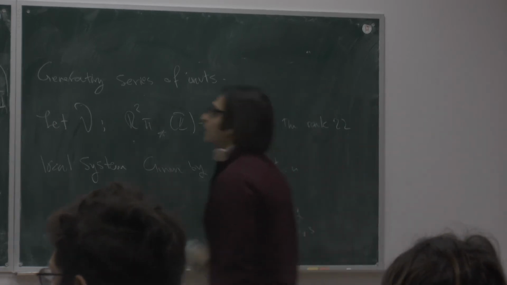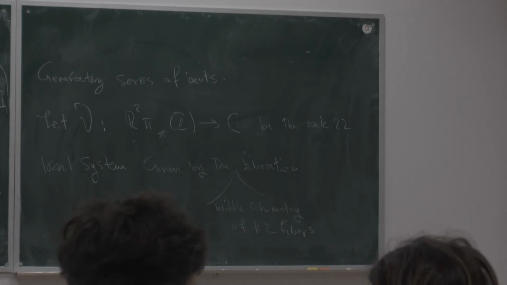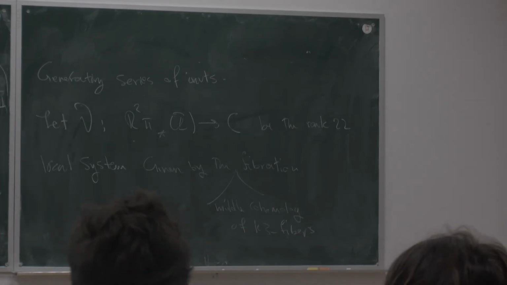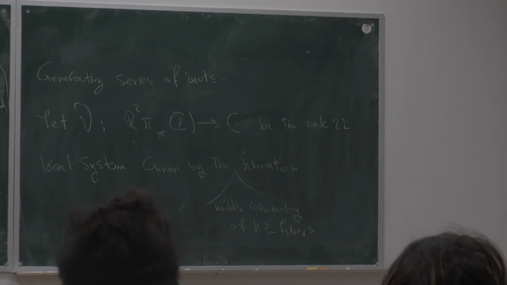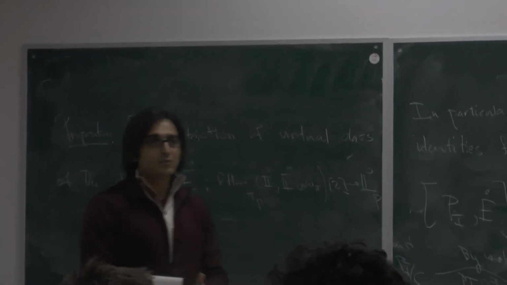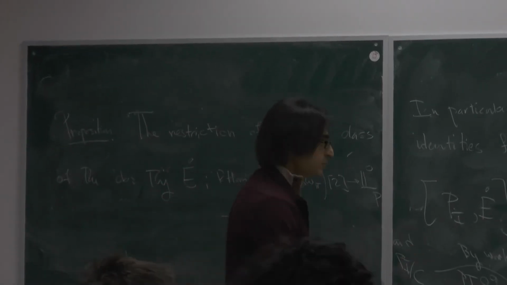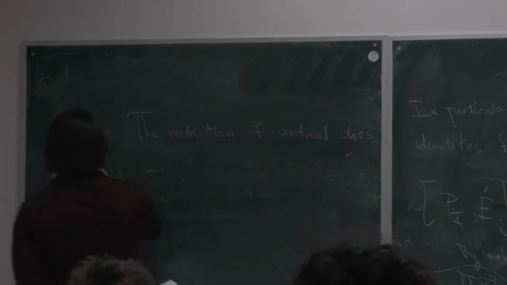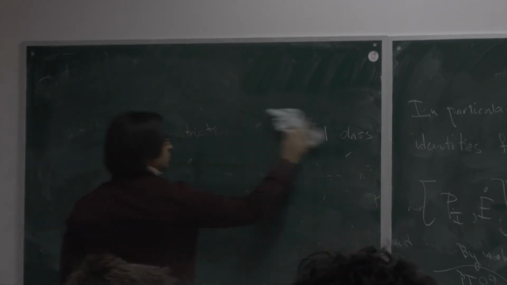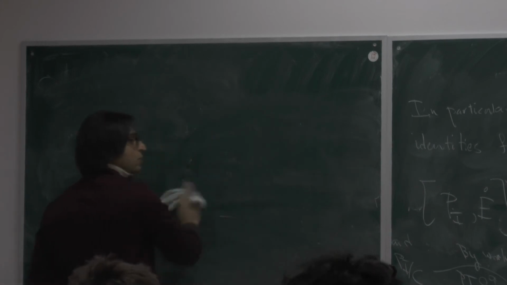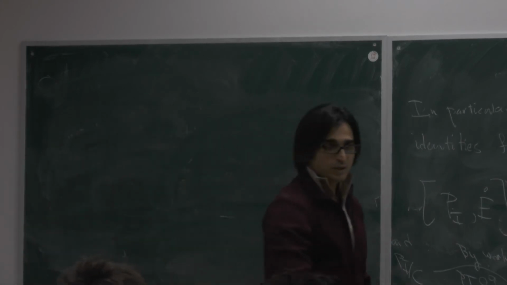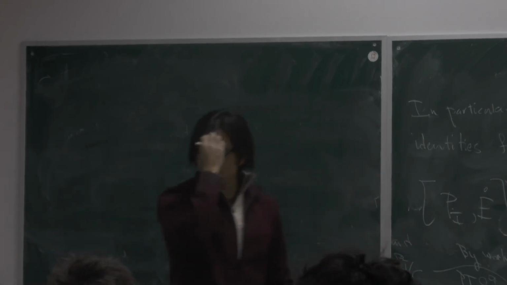Yes? So of course, to this local system, you can construct a moduli space of Hodge structures for the fibration. Right? So if you give me the rank 22 lattice for one K3, I can look at the moduli space of Hodge structures for that K3.